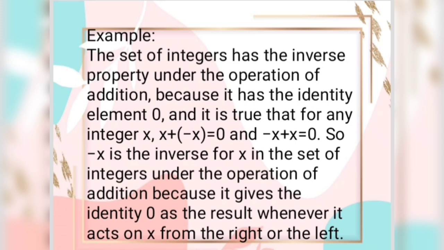So negative x is the inverse for x in the set of integers under the operation of addition because it gives the identity 0 as the result whenever it acts on x from the right or the left.